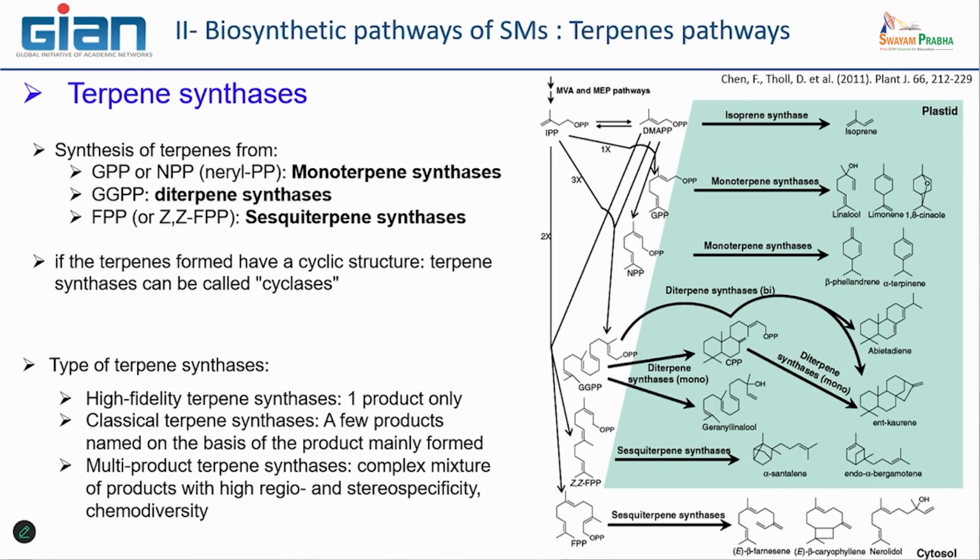And sometimes, you see, this condensation step is not in the plastid, it is in the cytosol, and after they have to reintegrate the plastid in order to be transformed into different other terpenes.